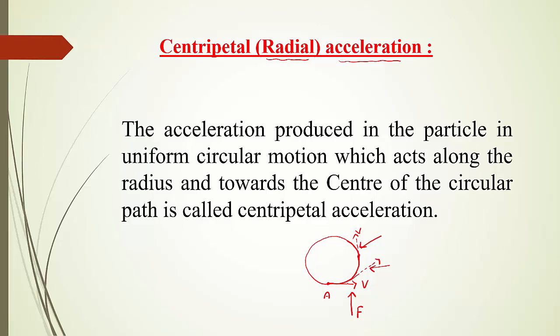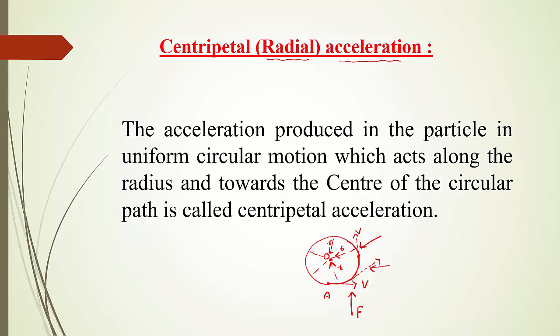Now you can observe the applied force. It is along the radius. This is the center of the circle. The applied force is along the radius towards the center. So we call it centripetal force, and the acceleration is called centripetal acceleration. Is it clear?